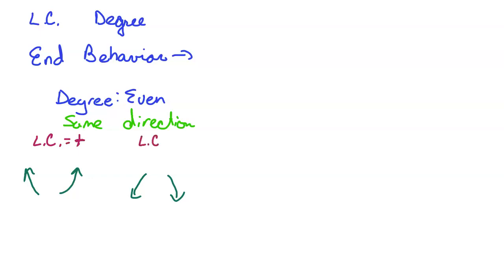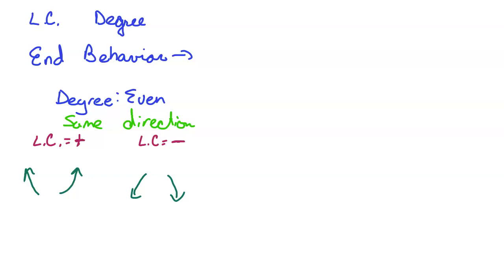If our leading coefficient is negative, we're opening down. And it's going to be the same way no matter if it's a degree of 4, 8, 6, 10, 12, anything like that. We're going to have these same end behaviors.